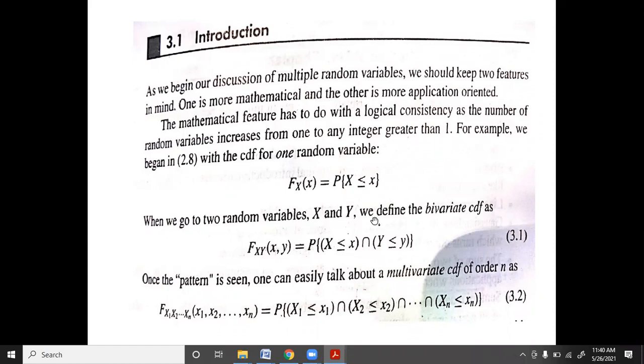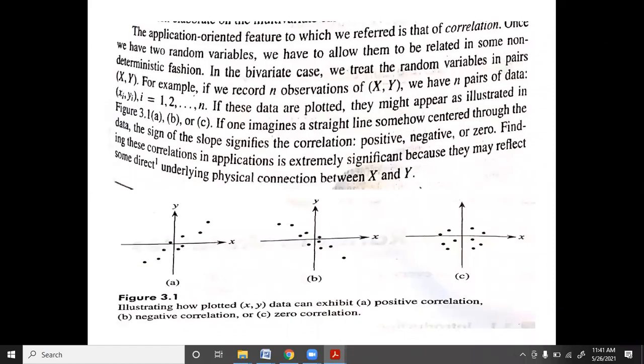But if we are throwing two different dice, then they are definitely related with each other. So if the events are related with each other, there is a correlation between them, there is some affinity between those two, then we will have some sort of relationship between them.